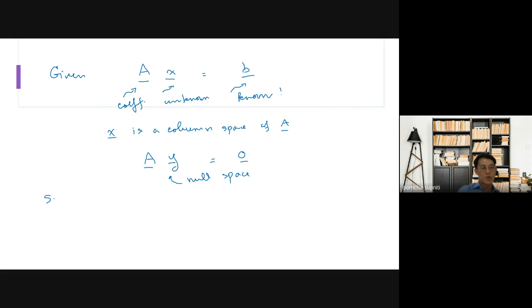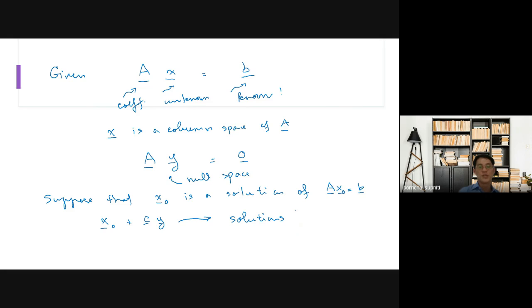Suppose that x0 is a solution of Ax equals b, such that Ax0 is equal to b. If I add x0 with c multiplied with y, this will also be a solution to the equation Ax equal to b.